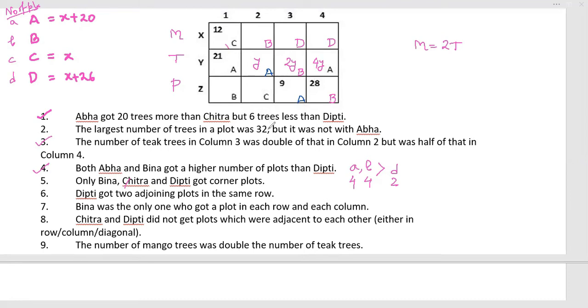Okay. Now after distribution of plots, we need to find out the number. We know that mango trees should be double of these numbers, and the number of teak trees would be 21 plus 7y.